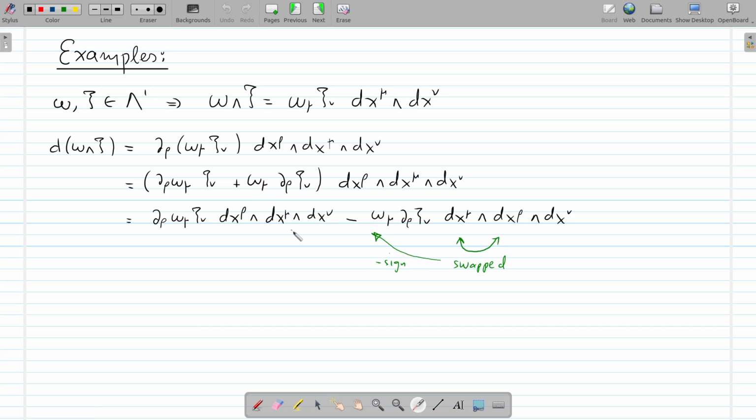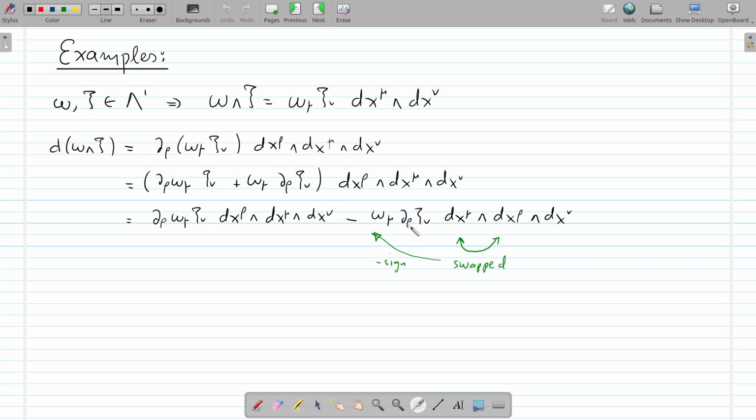And now you see the first term here has the components of d omega and xi, and we have dx rho, dx mu, dx nu. But in this case, where we want to have the exterior derivative of xi, we have the rho index in, let's say, the wrong position.